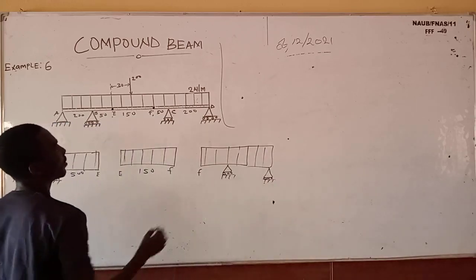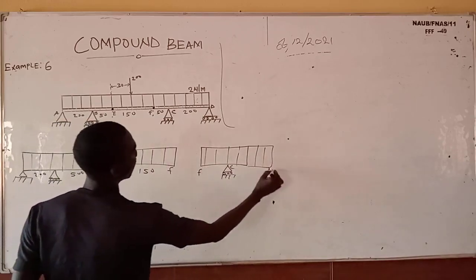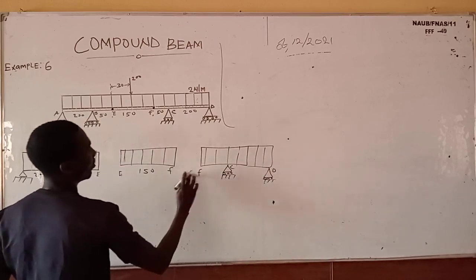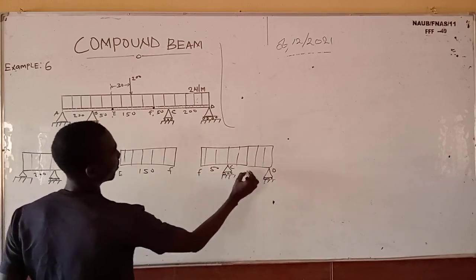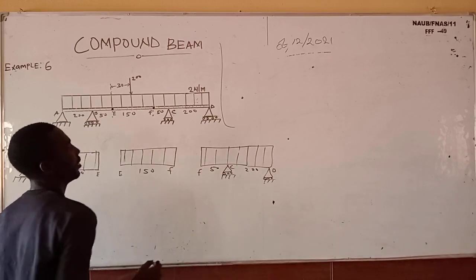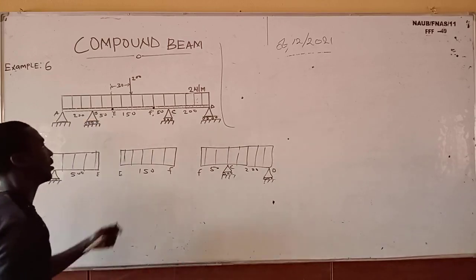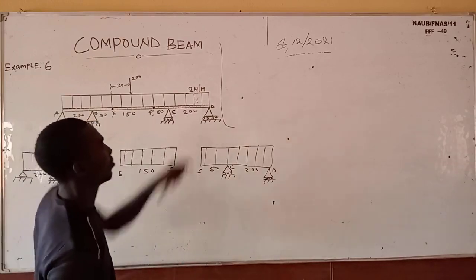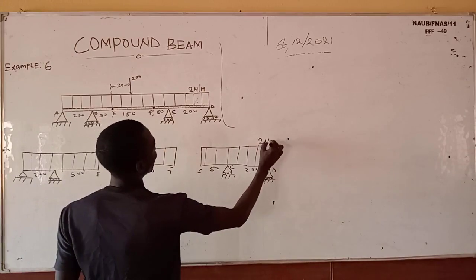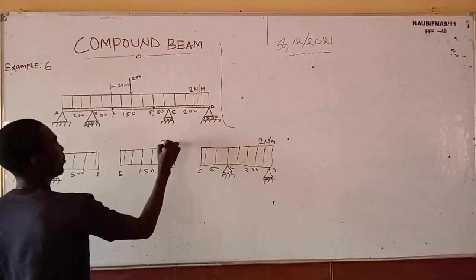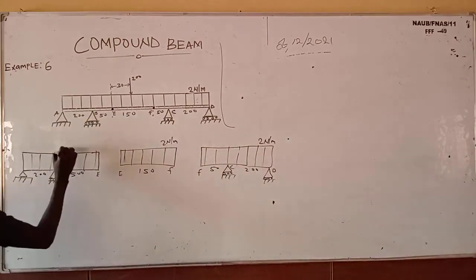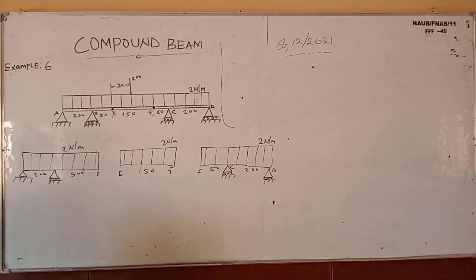So the distance from here to C and D, FC is 50, CD is 200. And don't forget the uniform distributed load is nothing but what? 2 Newton per meter.